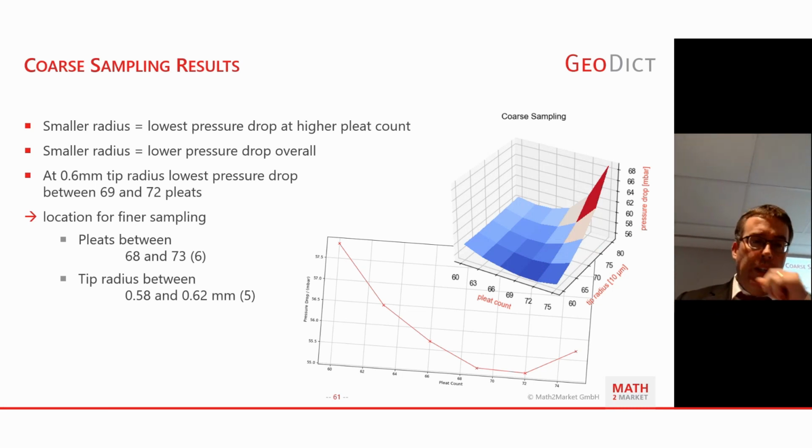So here in our case, as you can see, we have kind of a rough sampling. We can choose a location for a finer sampling. This would in this case be, let's say, we search again between 69 and 72 pleats, because actually on the edge, there's not much difference between the pressure drop for 69 and the pressure drop for 72 pleats.